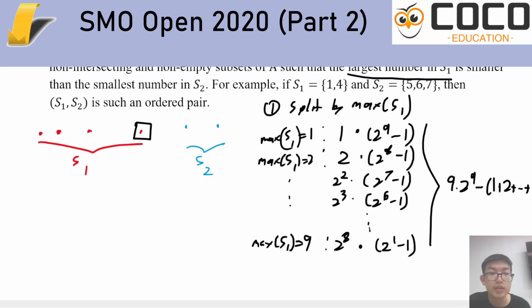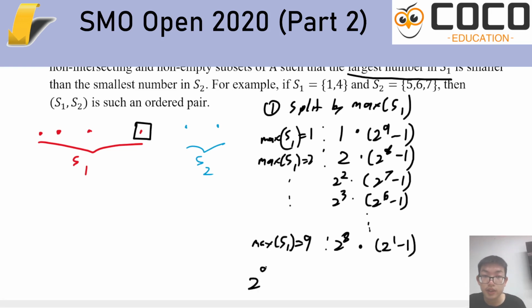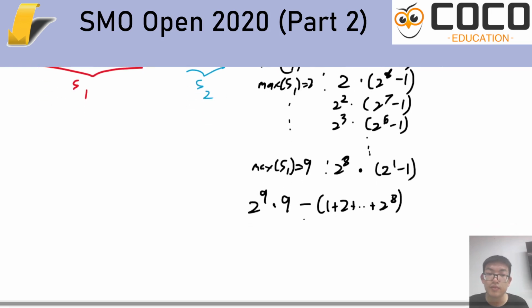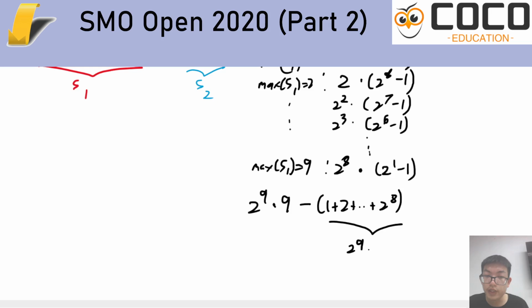Oops, I realized that's not within the screen. Let me write that below. 2 to the 9 times 9, minus the sum from 1 to 2 to the power of 8. This is 2 to the power of 9 minus 1. And so when you subtract off, you end up with 2 to the 9 times 8 plus 1.